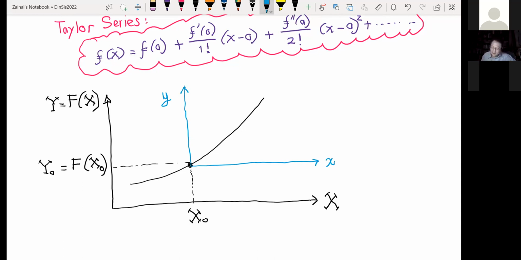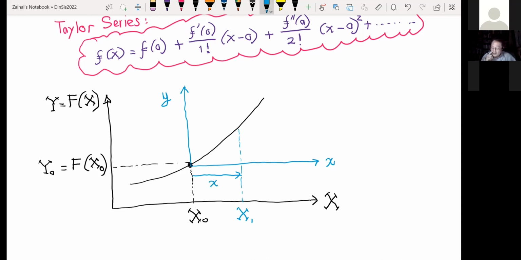Now look at this. From x0, if I move from here to this point, suppose this is x1, then from here to here is small x.